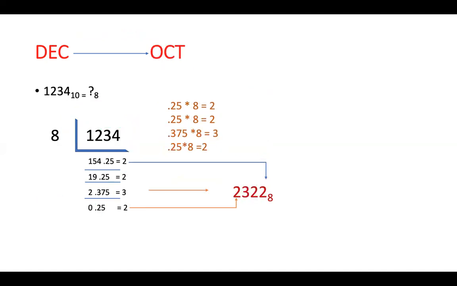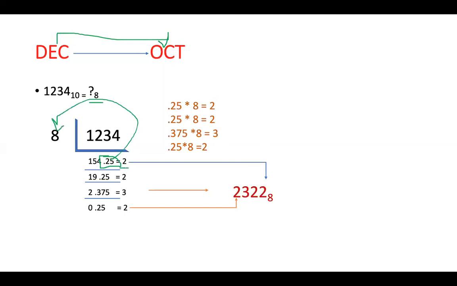So let's talk now about from decimal to octal. And here we are going to divide by 8, the base of octal. So the process is going to be similar to when we want to convert from decimal to hexadecimal. We are going to divide the numbers, and we are going to take like 0.25, and we will multiply it with 8.